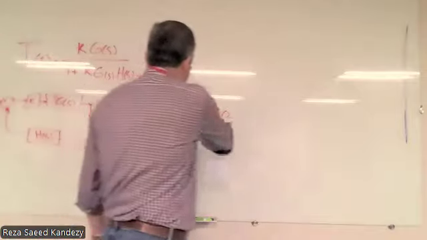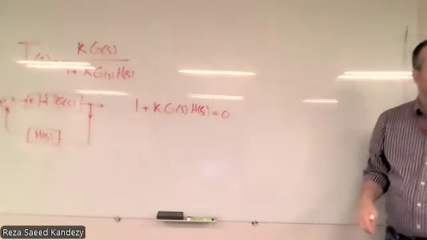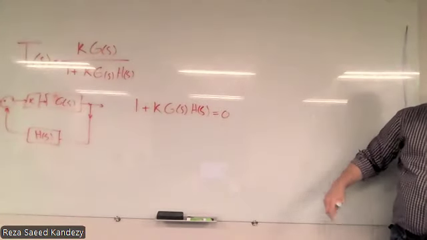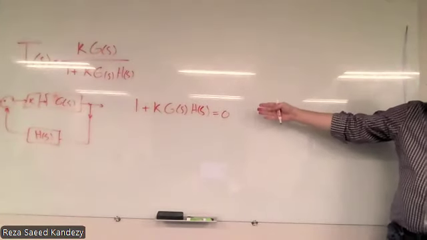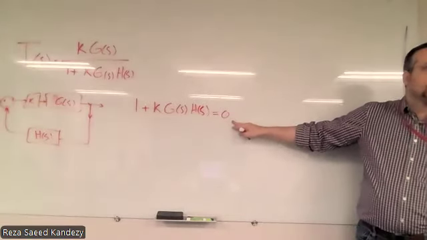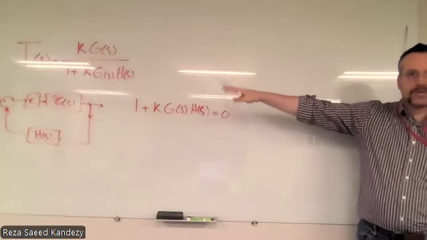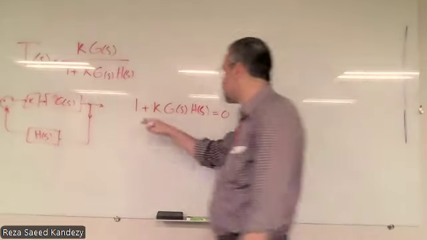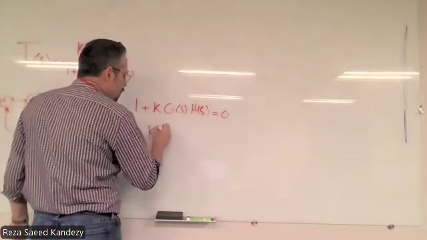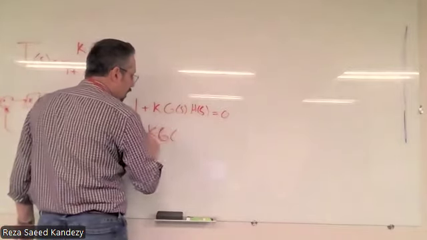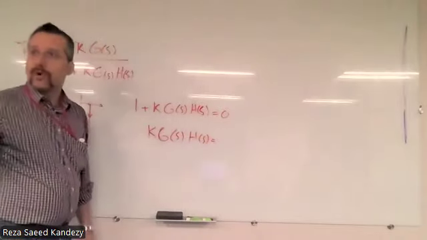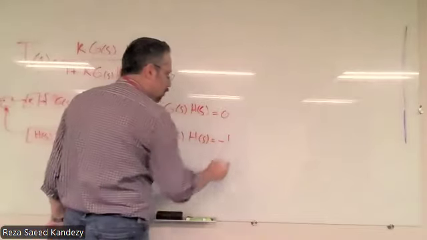Now, look at this equation. When you try to find the condition that makes this whole denominator equal to 0, you can see that we can play around a little bit with this. So basically k, G of s, H of s on the poles are going to be equal to -1.